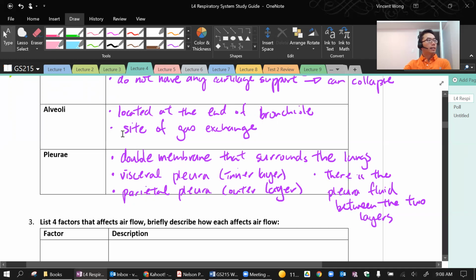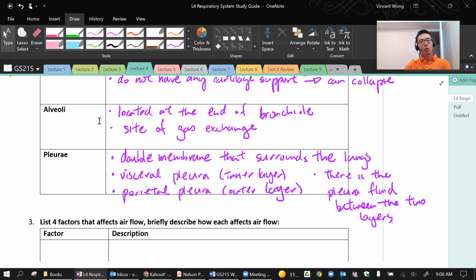I have a question. Yes, please. Going back to the voice box, there are some people who actually use a little device when they're speaking. Is that because the voice box has been damaged? Yeah, so like some people with cancer, for example, right? They cannot speak anymore because of throat cancer.